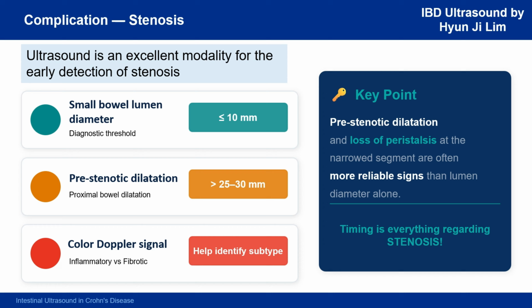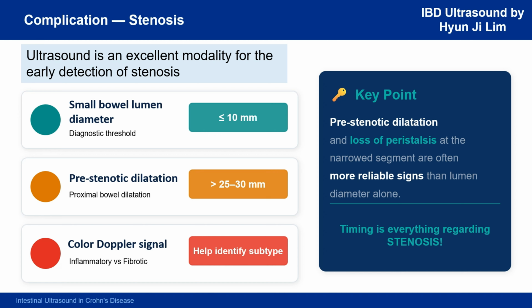Complications, starting with stenosis. Compared to other imaging modalities like CT or MRI, ultrasound is an excellent modality for the early detection of stenosis, primarily because it allows for the assessment of bowel motility. Since the bowel is a dynamic organ, evaluating it on static CT or MR images can be challenging, as it is often difficult to differentiate between simple contraction and true luminal narrowing.